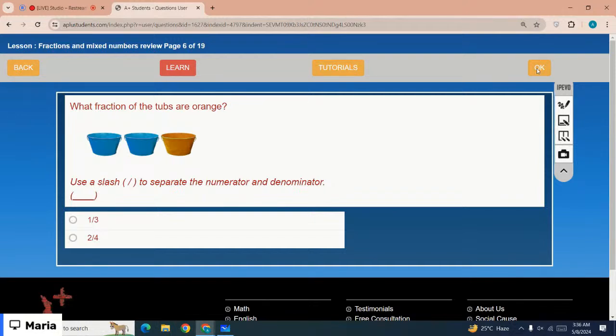What fraction of the tubs are orange? Which is the correct option? One out of three it is.